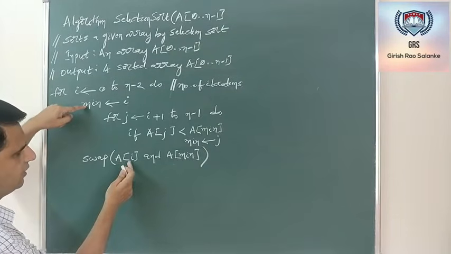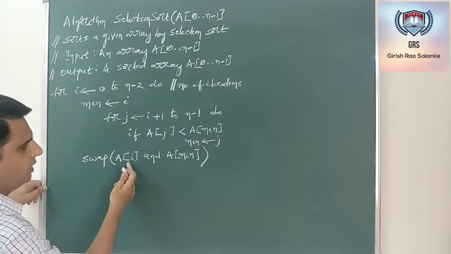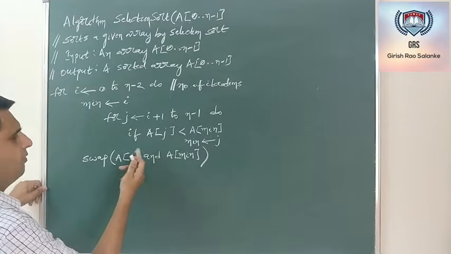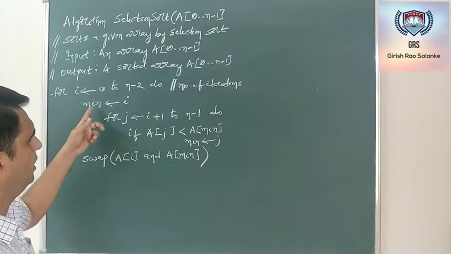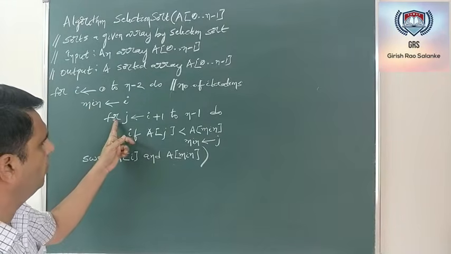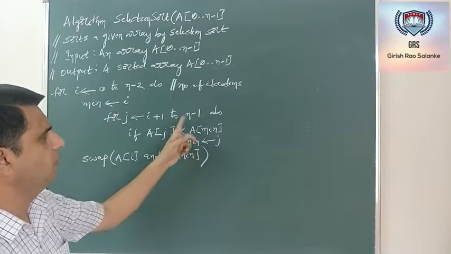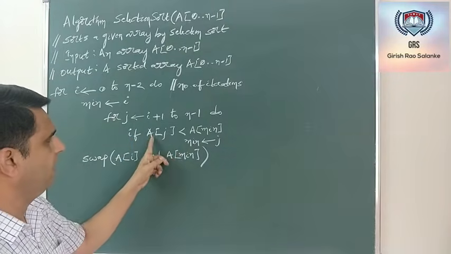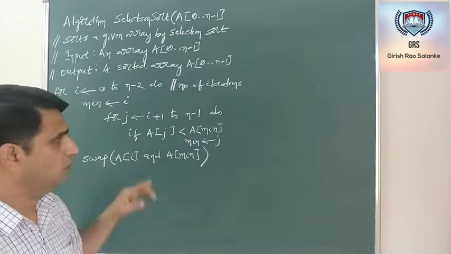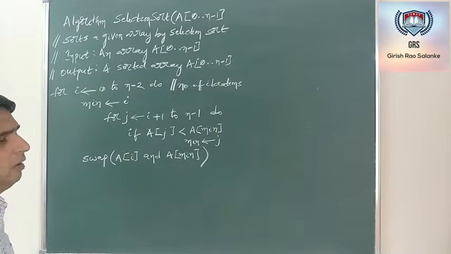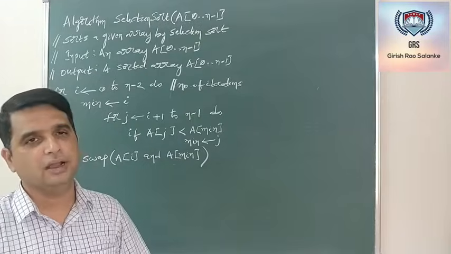In the first iteration, we swap it with the first element, in the second iteration with the second element, and so on. How are we finding the position of the smallest element? There is one more for loop: for j equal to i plus 1 to n minus 1, if A of j is less than A of min, then min is assigned j. So in this algorithm also, the basic operation is comparison.